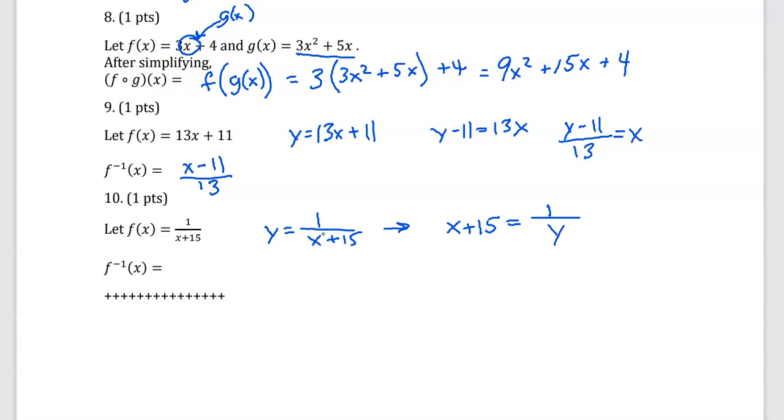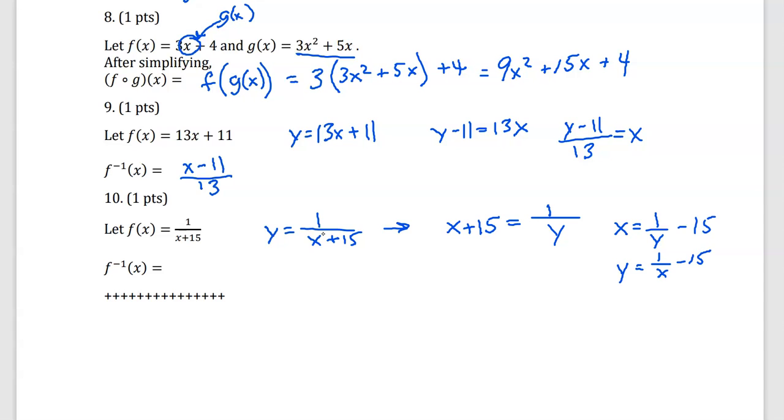And now subtract 15 to get x by itself. So if I take any number, put it underneath 1, divide 1 over that number, subtract 15, and I get this number, well, if I call that number x and that number y, I now can get my inverse: 1 over x minus 15.